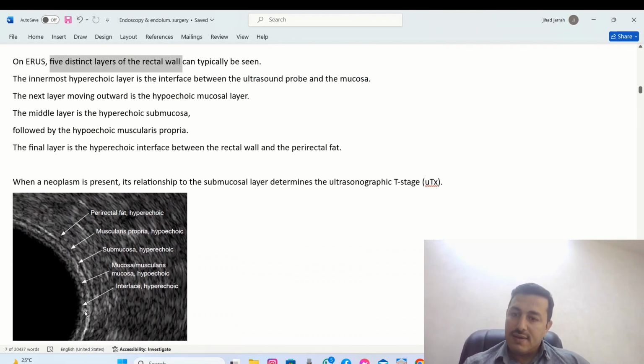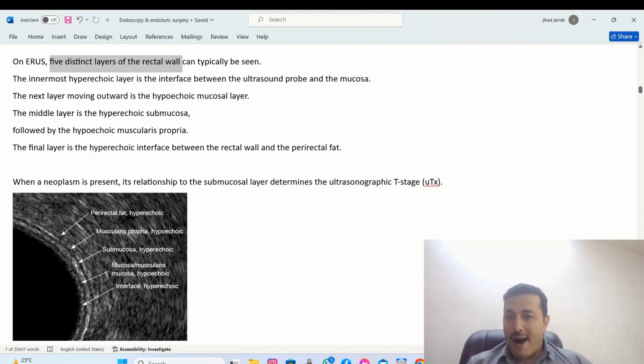The innermost layer is the interface between the ultrasound probe and the mucosa. A little bit inside here, the hypoechoic layer is the mucosa. If we move a little bit outer, we start to notice the submucosa, an extremely important layer to notice. This is the submucosa, which is hyperechoic.